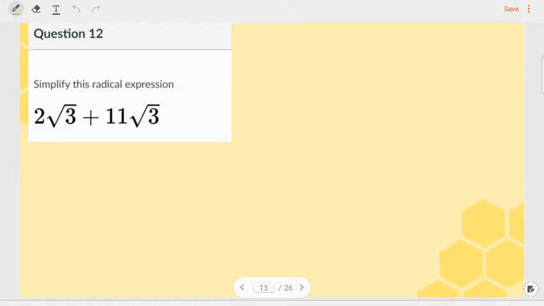Simplify this expression. Adding radicals is the same as combining like terms. So for example, if I had 2x plus 11x, that would simplify to 13x. Well, this radical 3 acts like a variable. Because they're the same, I can add the numbers in front. 2 plus 11 was 13.